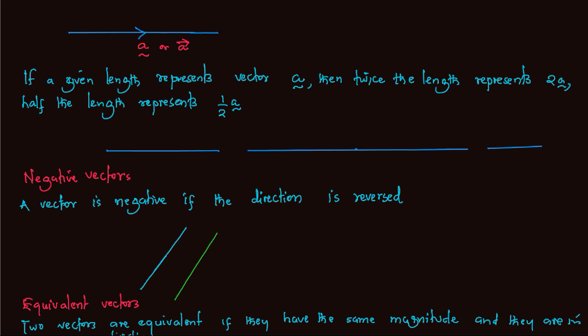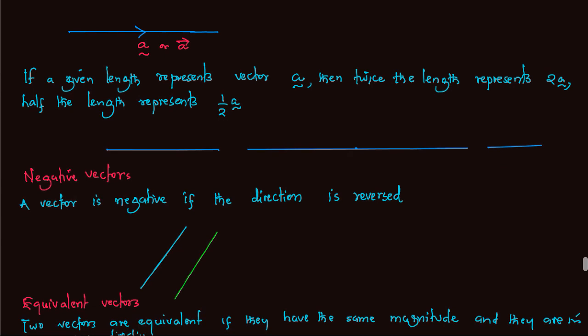Now, if a given length represents vector a, you are given the first length here to represent vector a, then twice the length, meaning we have a and another a, represents a total vector that has a magnitude 2a.